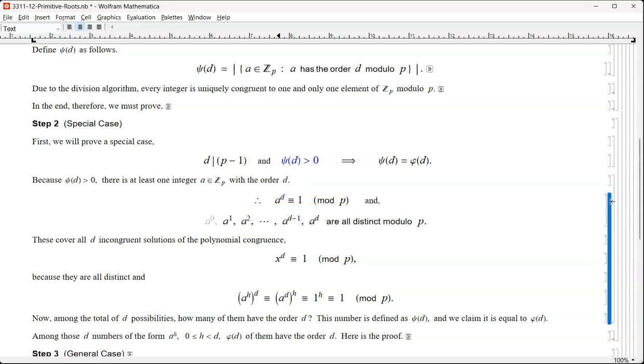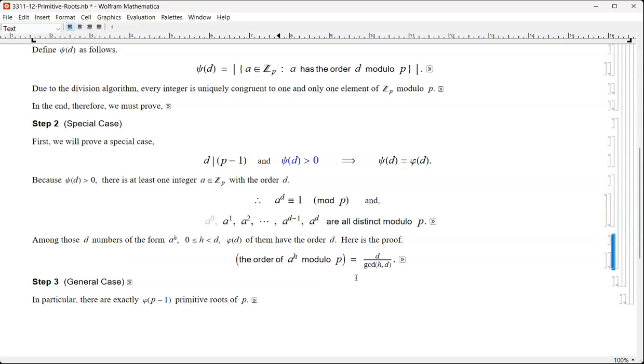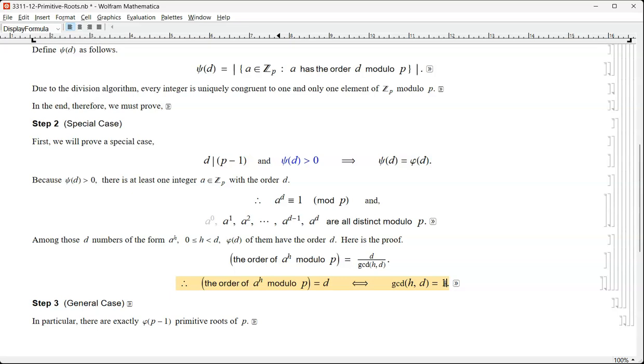Well, we can use 1.4, the GCD property. The order of a to the h power modulo p is the order of a over the GCD of the order of a and h. Remember 1.4, the GCD property. And it is equal to d if and only if the denominator is 1. So we are looking at the GCD of h and d being 1.